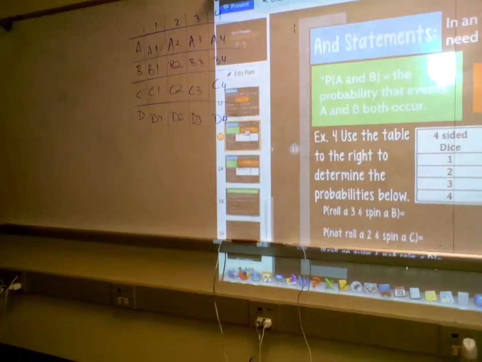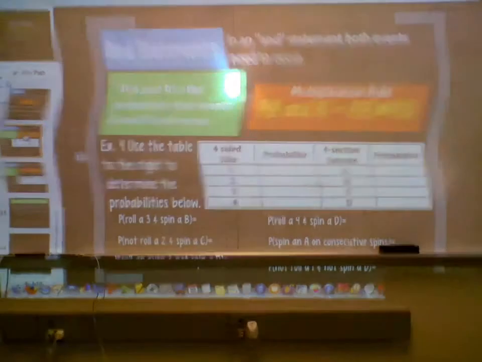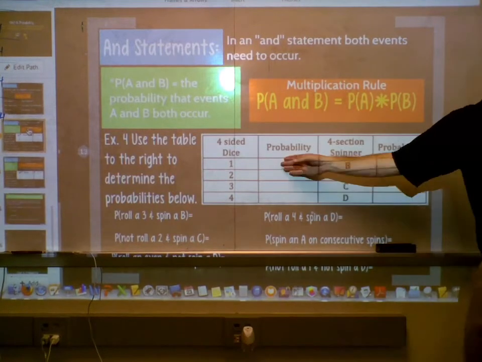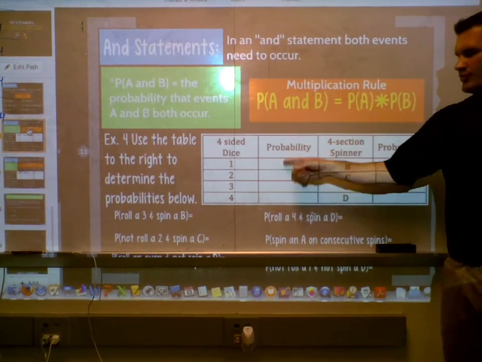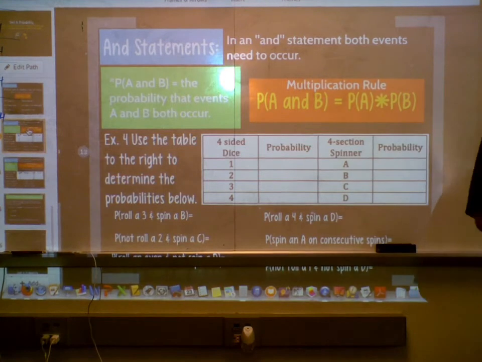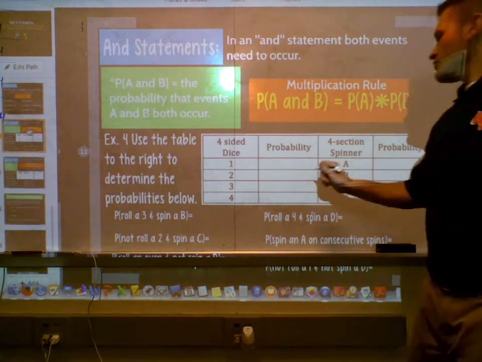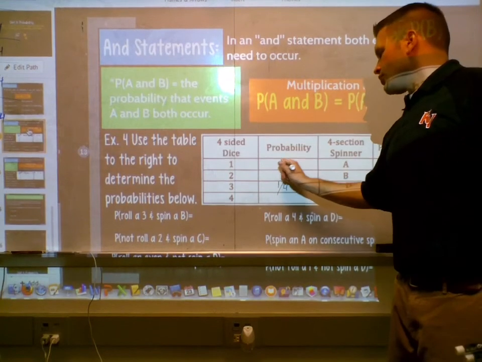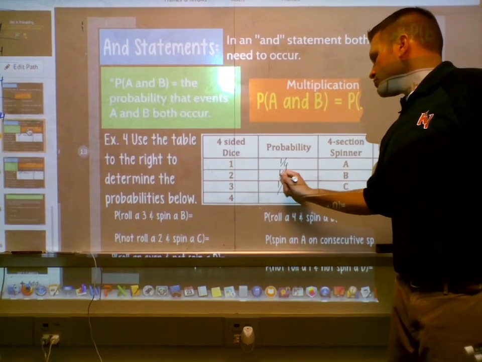Instead of making that big sample space, remember the answer was 1 out of 16. We can think about the probability of rolling a 3. What's the probability of rolling a 3 on a four-sided die? 1 out of 4. Just like rolling a 1, rolling a 2, rolling a 4.